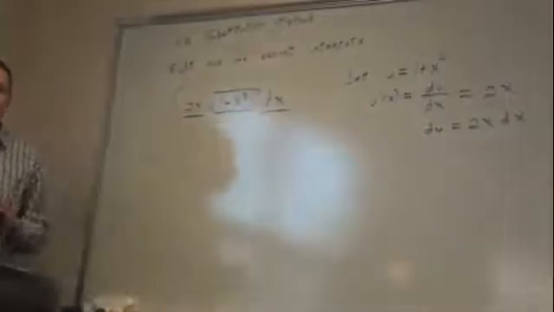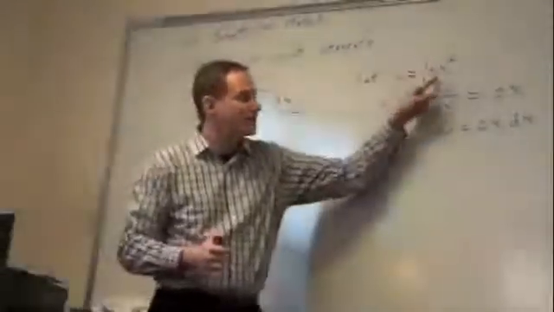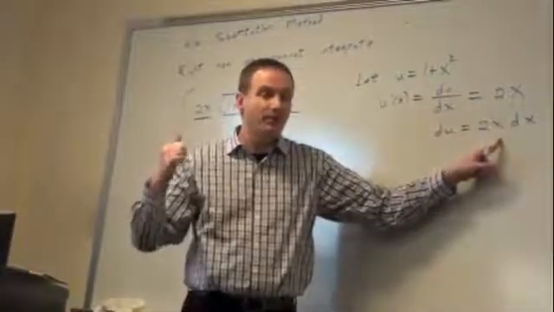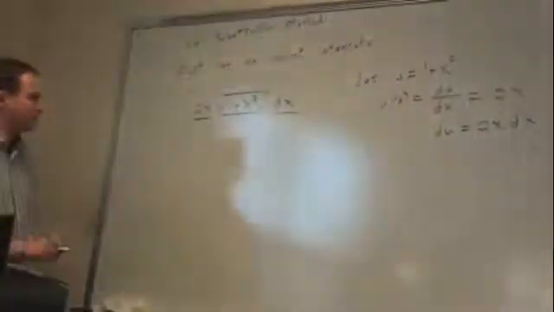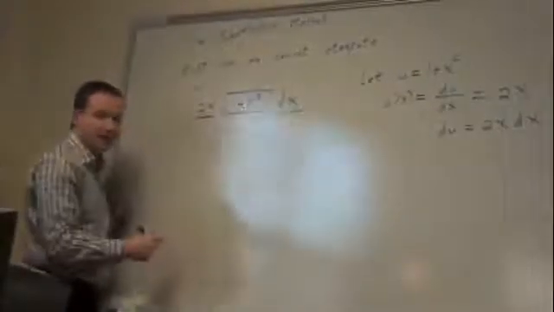Okay. Now, notice over here in my problem, I have a 2x dx in the problem. There's my 2x, there's my dx. The whole point, this is called substitution, is I'm going to try to substitute what I've set up over here back into the problem to create a problem that we're comfortable integrating. So I can say, okay, this is equal to the integral. Order of multiplication is irrelevant.